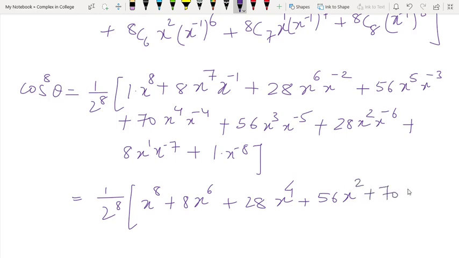Then we have 70 x raised to 0, because x raised to 4 and x raised to minus 4 have the same base, and when you add the powers, 4 minus 4 gives 0, so we have x raised to 0. Next is plus 56 x raised to minus 2 plus 28 x raised to minus 4 plus 8 x raised to minus 6, and last is x raised to minus 8.